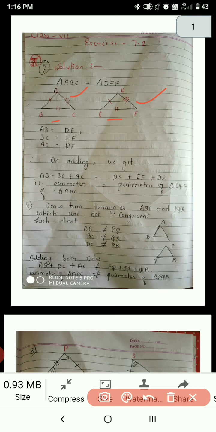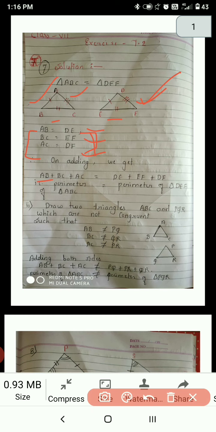So by their marks we can identify which side of triangle ABC is equal to which side of triangle DEF. Here we have written that AB equals DE, BC equals EF and AC equals DF. Then, if they are equal, what do we have to do? We have to show whether their perimeters are equal or not. So for this we are going to add their sides.